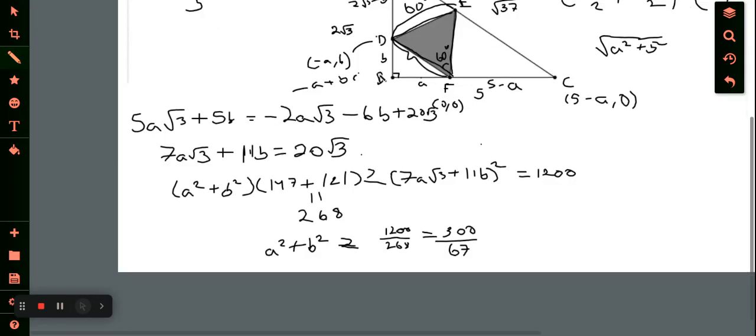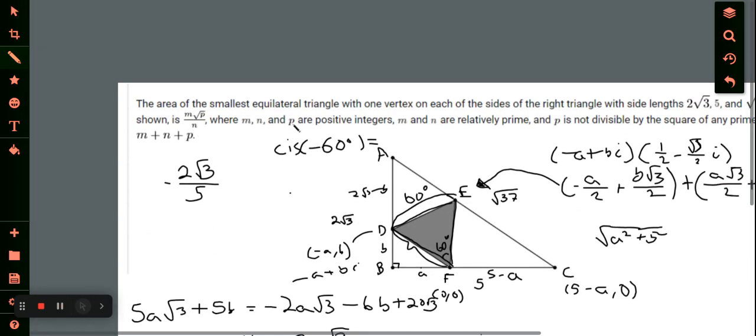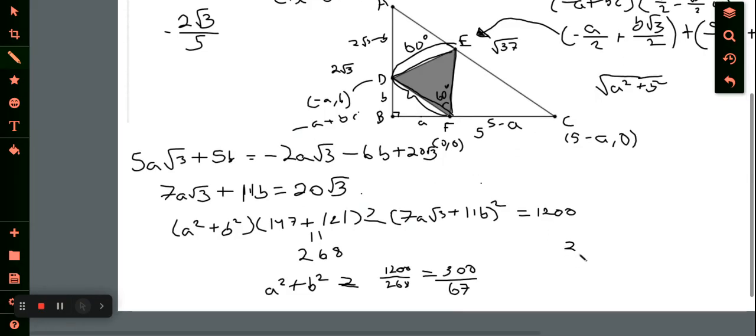And now we wish to find the area of the triangle, which is simply s squared root 3 over 4. And we know that s squared is actually 300 over 67.